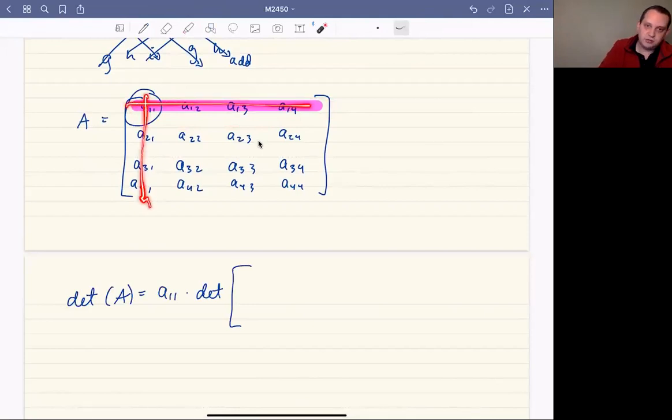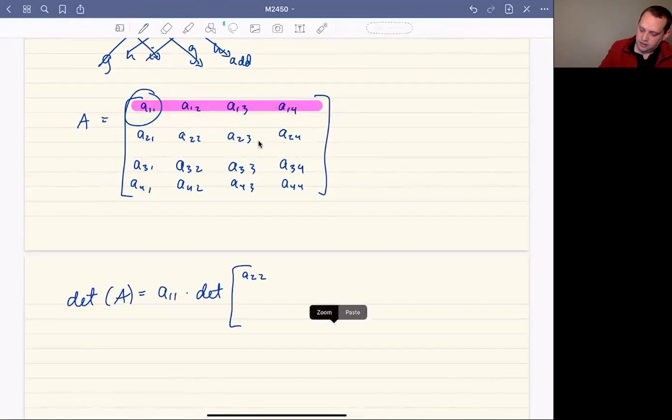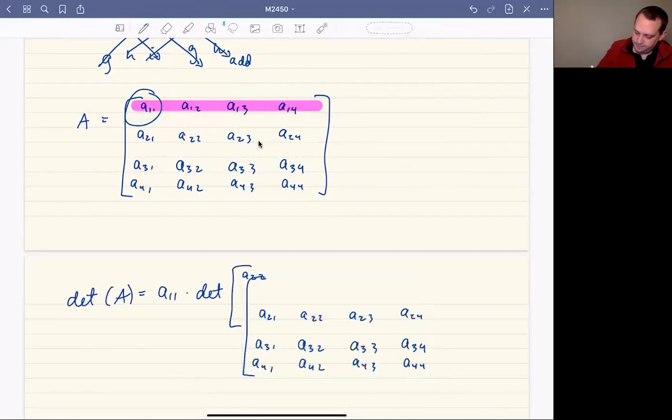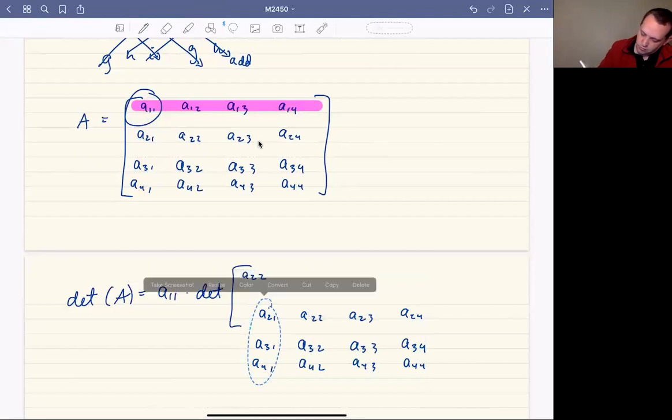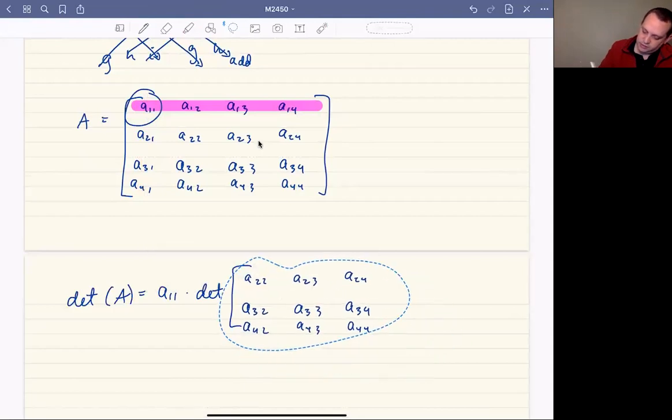So A22, A23, A24, and so on. So you get this determinant of the 3 by 3 matrix.